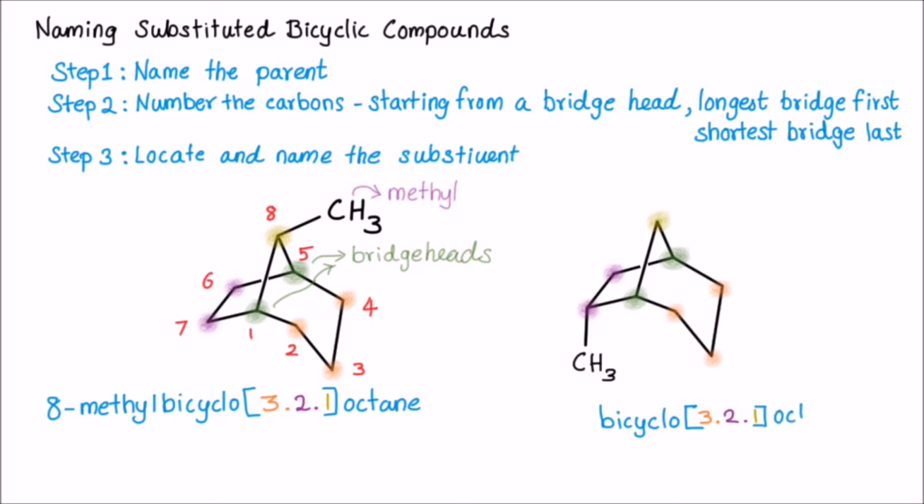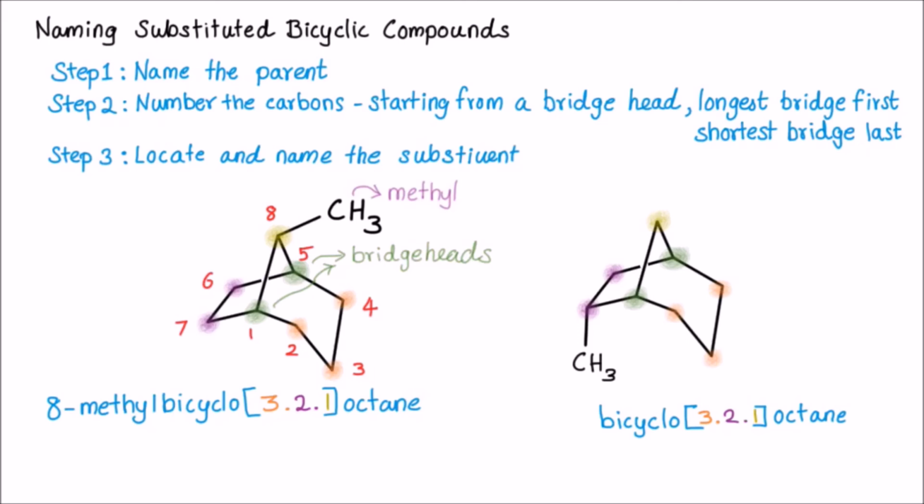Close the square bracket, and octane is for the number 8. There are 8 carbon atoms in total, so it's octane. So this is the name of the parent chain, bicyclo 3,2,1 octane. So step 1 is good.